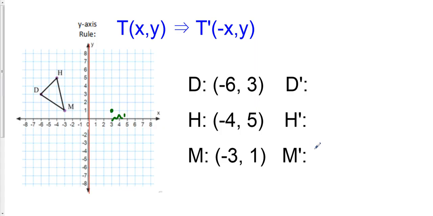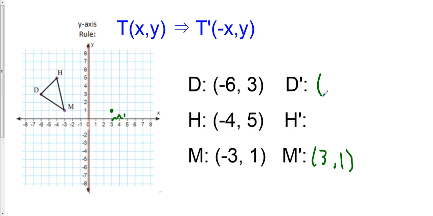So we'd say M prime, it looks like it's 3 over and 1 up. And that does actually, again, fit our rule. It used to be (-3, 1). We did negative of that, or the opposite of that. So a negative would be a +3. So (3, 1), which is actually where we got.